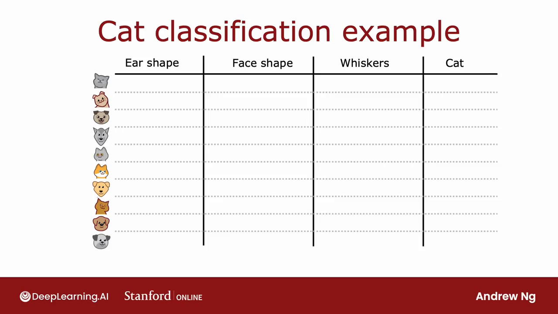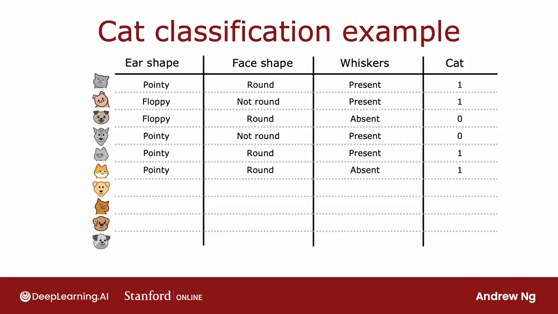And associated with each of these 10 examples, we're going to have features regarding the animal's ear shape, face shape, whether it has whiskers, and then the ground truth label that you want to predict: is this animal a cat? So the first example has pointy ears, a round face, whiskers are present, and it is a cat. The second example has floppy ears, the face shape is not round, whiskers are present, and yes, that is a cat. And so on for the rest of the examples.